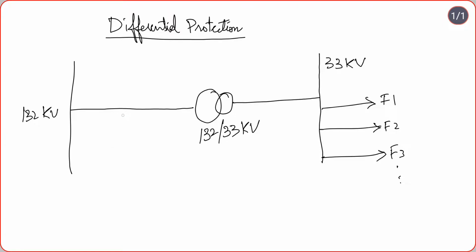We place a 132 kV CT here and a 33 kV CT here. Let us say this is CT1 and this is CT2 on the 33 kV side. The connection of a differential relay is done like this.